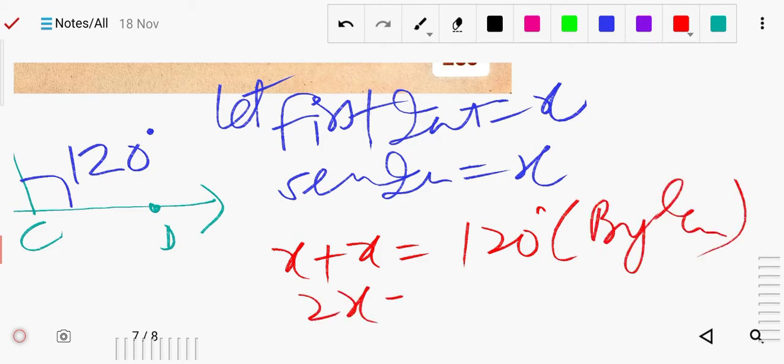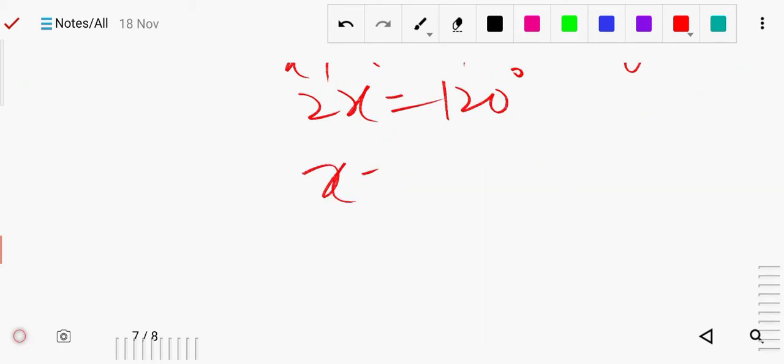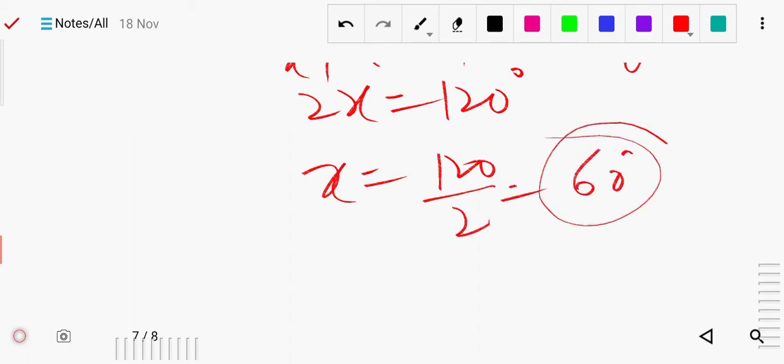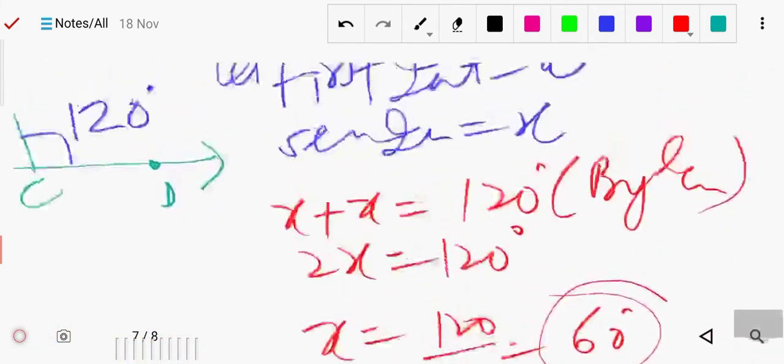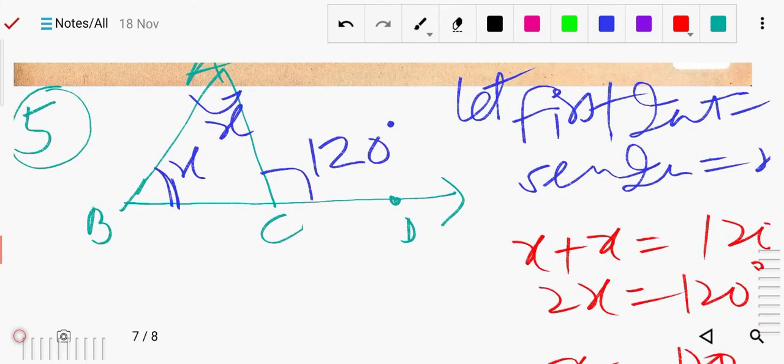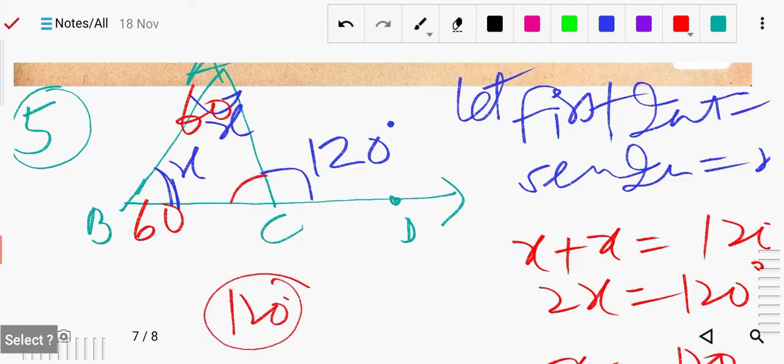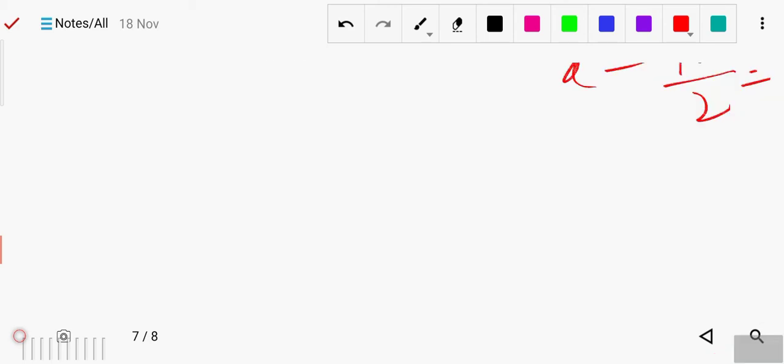So 2x equals 120 degrees, so x equals 120 by 2, which is 60 degrees. So in this triangle, this is 60 degrees. Now the third angle will be 180 minus 120, so this angle will also be 60 degrees. So your answer is 60 degrees each.